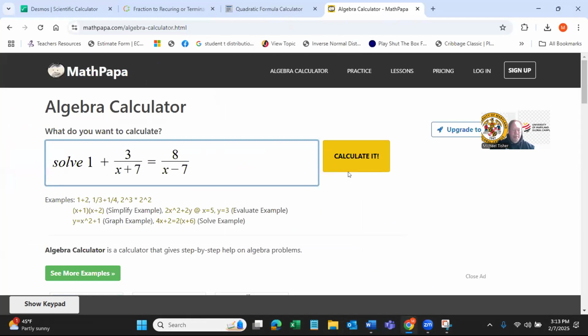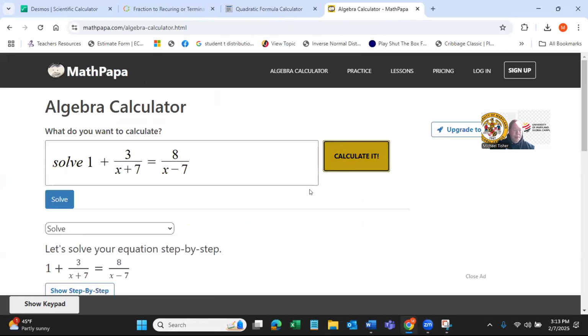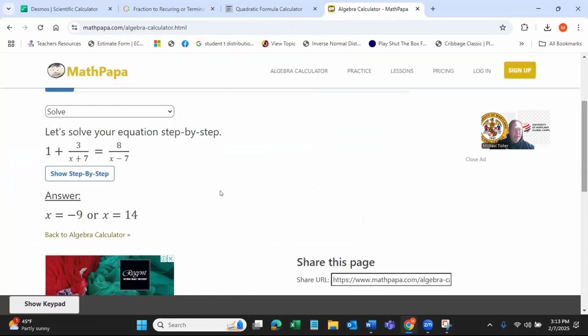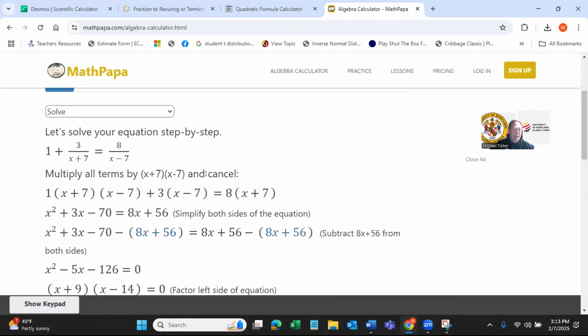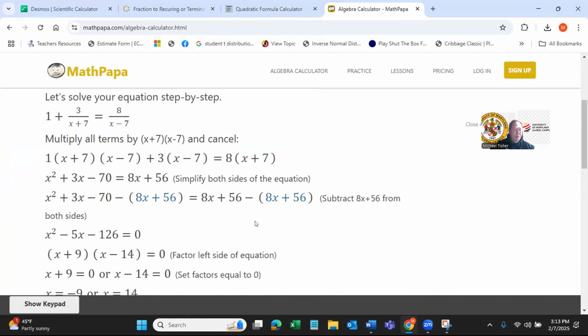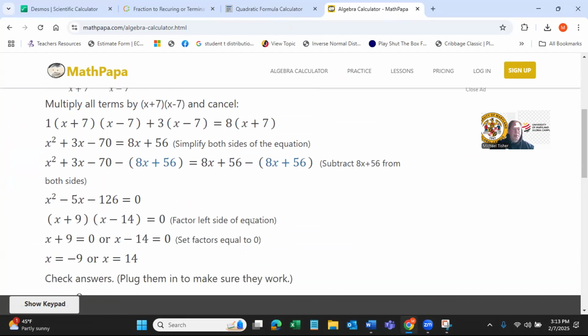We'll click calculate, see what it says. Now, already it shows the solution, and even wants us to show step by step. And it looks like we already get the answers -9 and 14, which verifies all that. And it shows us how it does it, which is very similar to what we did before, except they factor instead of using the quadratic formula, which is fine too. All right. Okay, so that's how to solve an equation with fractions.